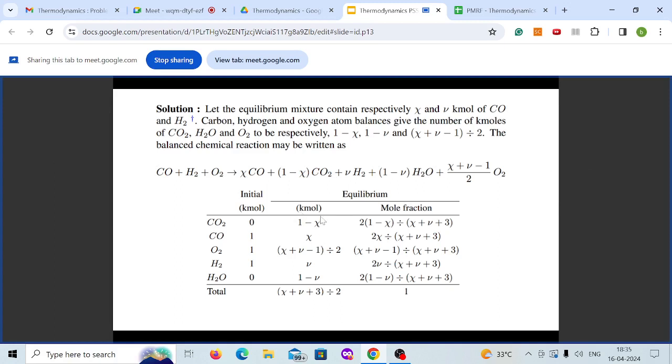At equilibrium, we have 1 minus x kilomoles of carbon dioxide, x kilomoles of carbon monoxide, (x plus v minus 1) by 2 kilomoles of oxygen, v moles of hydrogen, and 1 minus v moles of water. If we add all this, we get (x plus v plus 3) by 2. That is the total number of moles present at equilibrium.